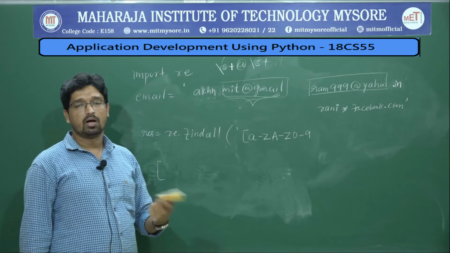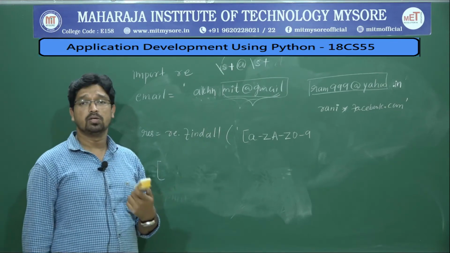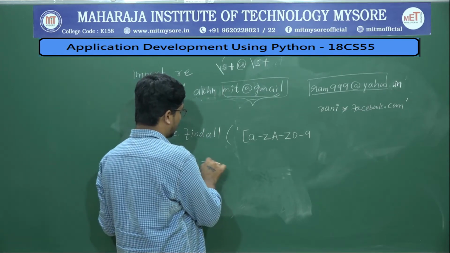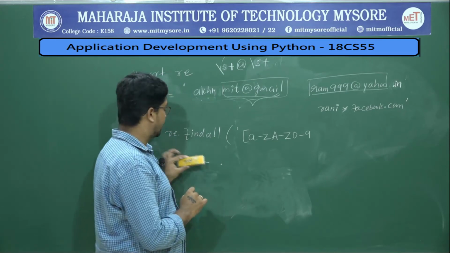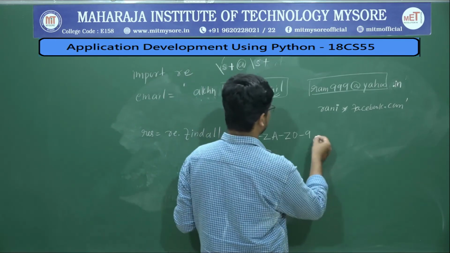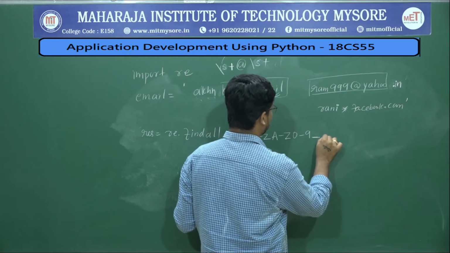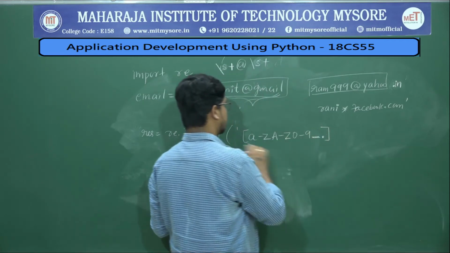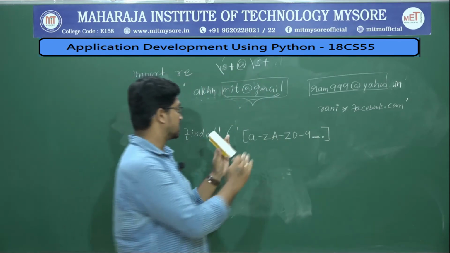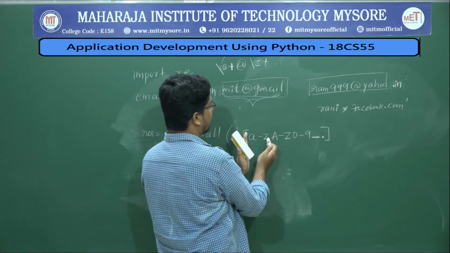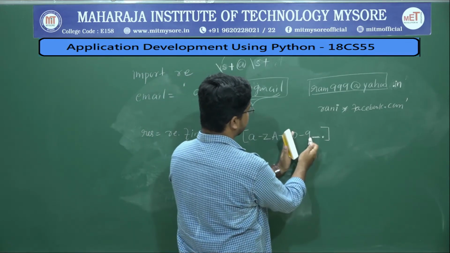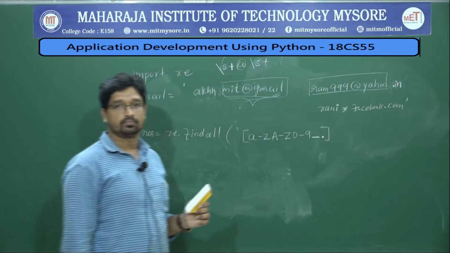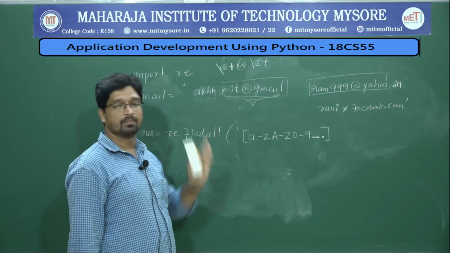No. An email ID should contain only underscore and dot. So include underscore and dot, and close the character set: small a to z, capital A to Z, 0 to 9, underscore and dot. These are the only possible values here.